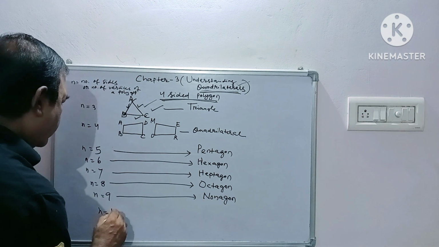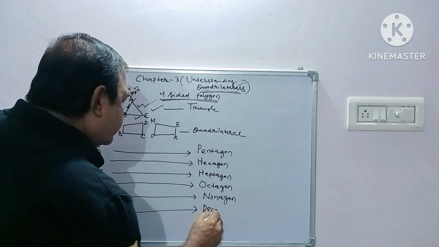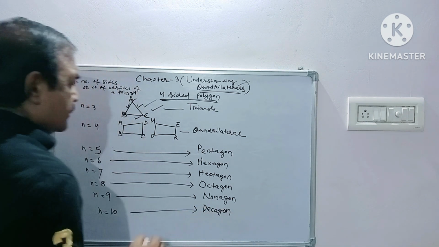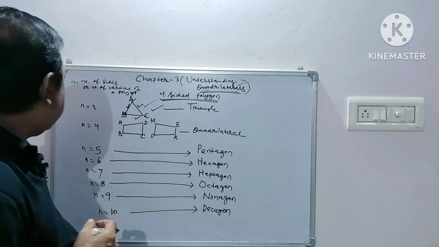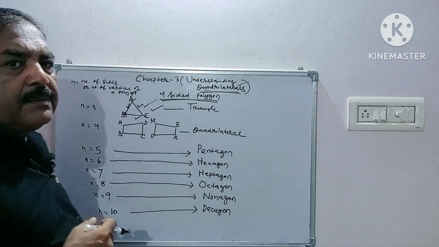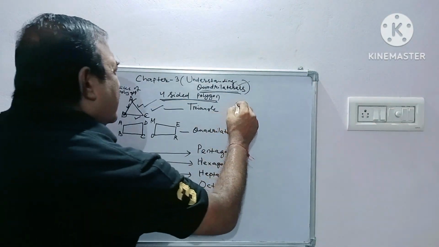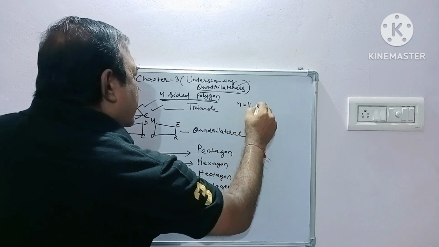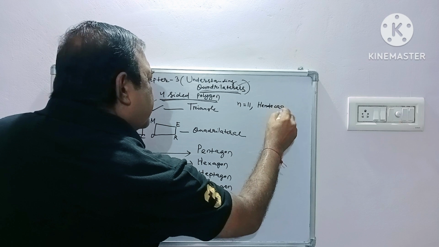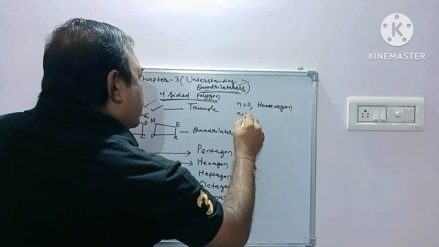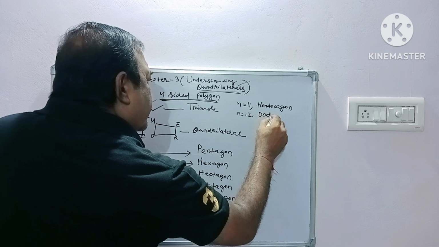If n is equal to 10, decagon. So you may name like this according to the number of the vertices or the number of the sides of the polygons. And if n is equal to 11, that is hendecagon. If n is equal to 12, you call it dodecagon.